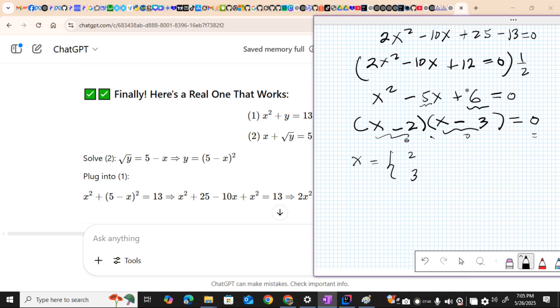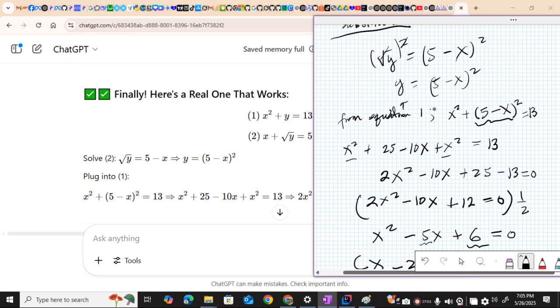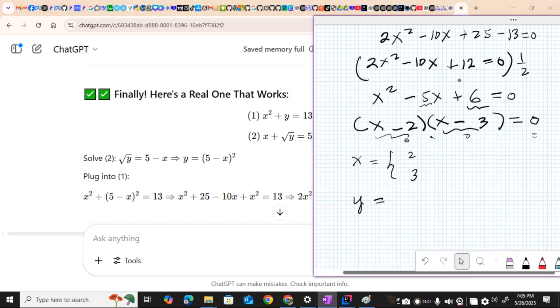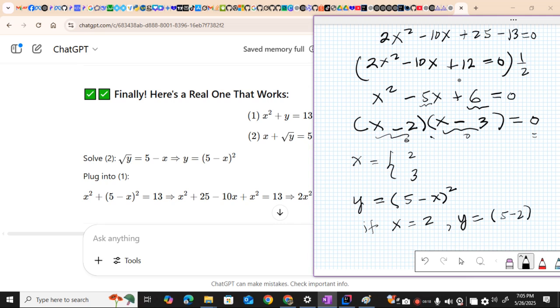Now, how about the value of y? As we have solved before, y is equivalent to quantity 5 minus x squared. So if my x is 2, then my y is equivalent to 5 minus 2 raised to 2.